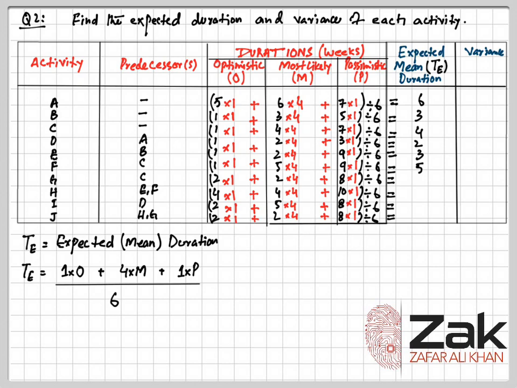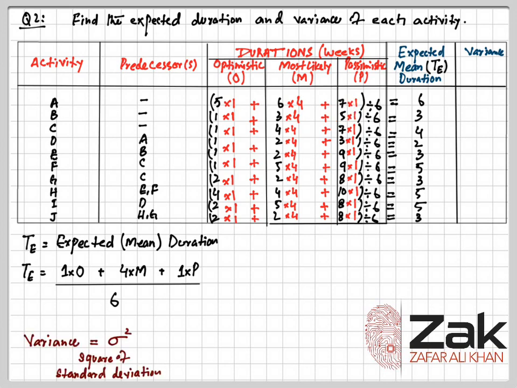For activity G, it will be 3. H 5, I 5, and J 3. That is how we will be calculating the expected or mean duration for every activity, with the help of the data given for their optimistic, most likely, and pessimistic time duration estimates.